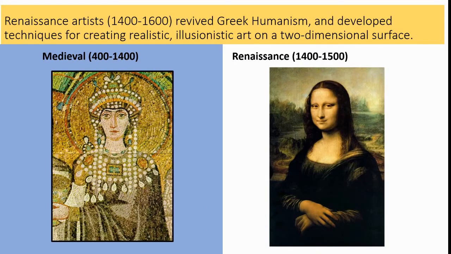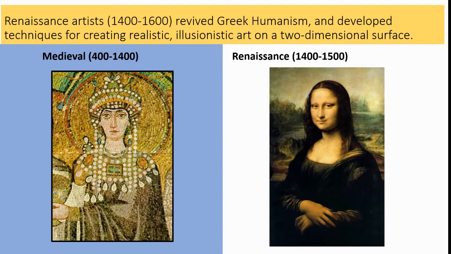In the Renaissance, 1400 to 1600, artists like Leonardo da Vinci and Michelangelo revived, to some degree, Greek humanism and developed techniques for creating realistic, illusionistic art on a two-dimensional surface. This was at a time when painting was becoming an important art form.